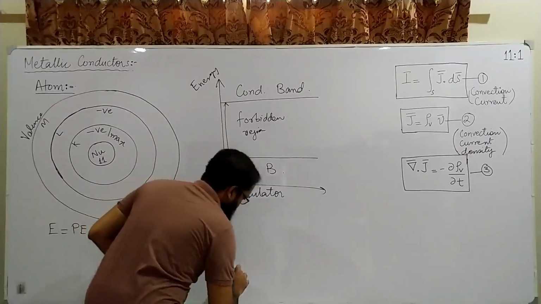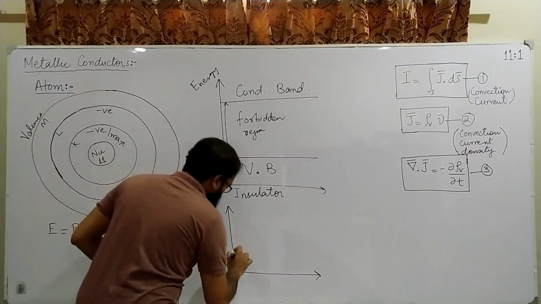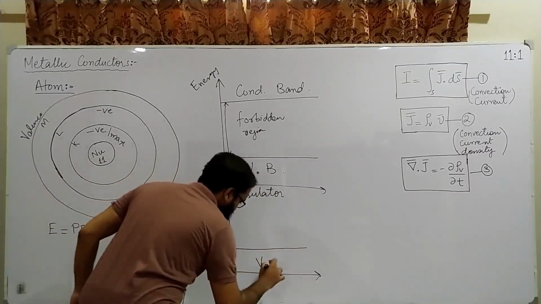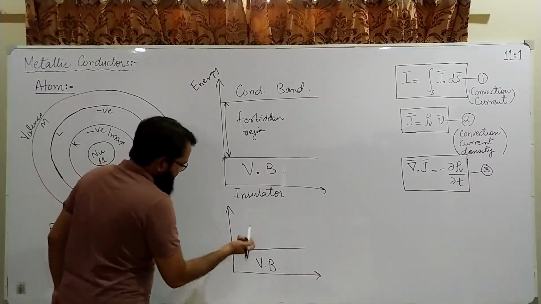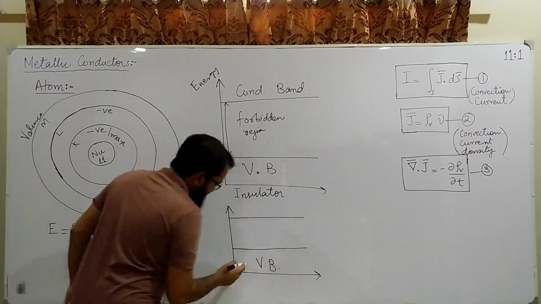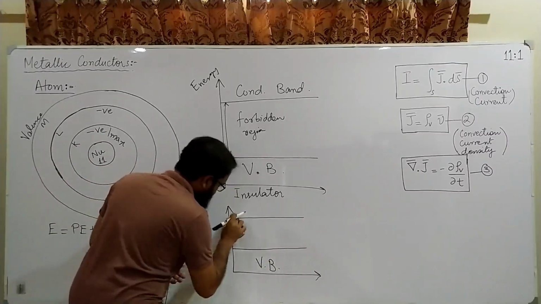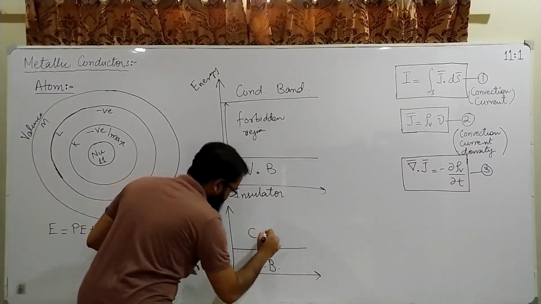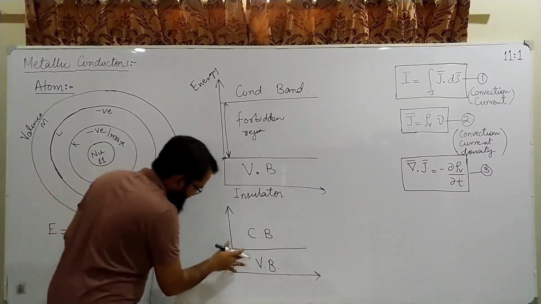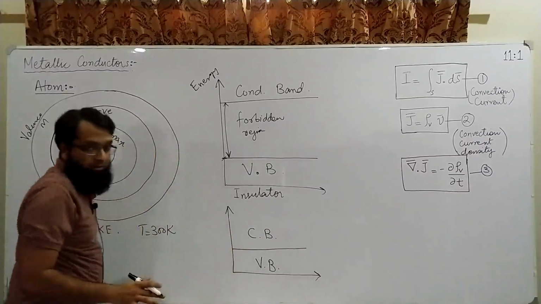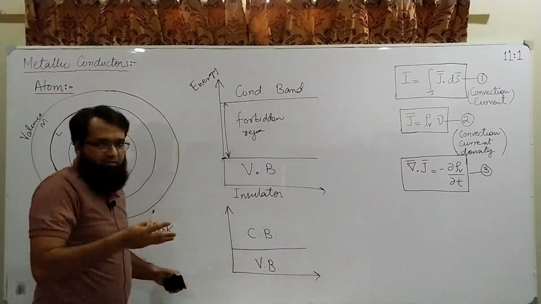However, if I draw the same energy band diagram for conductors, you would see that there is actually no distinction between the edges of the valence band and conduction band. So actually in metals or conductors, they overlap sometimes, or mostly they overlap. So there is no boundary between valence band and conduction band.